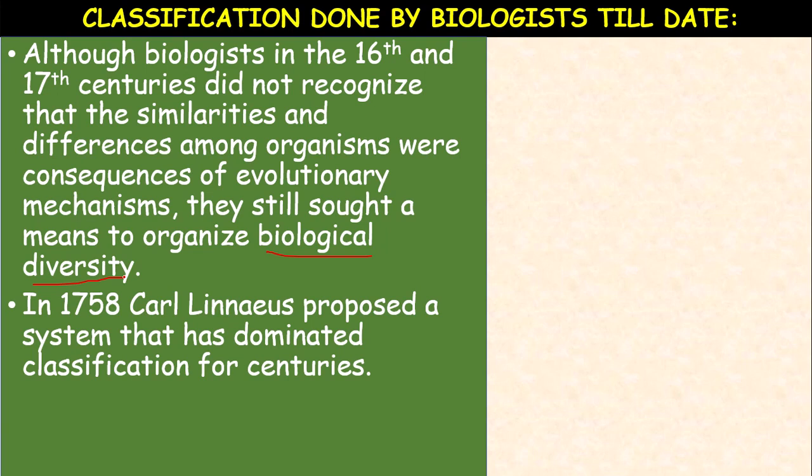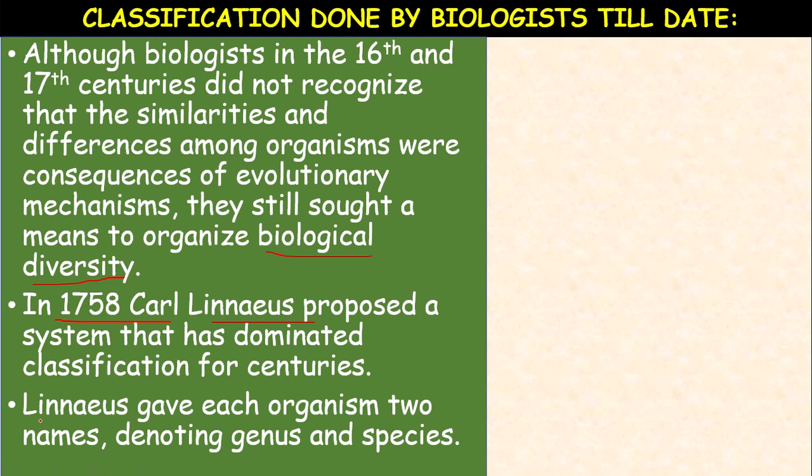In 1758, Carl Linnaeus, the famous person who is called the father of taxonomy, proposed a system that has dominated classification for centuries.